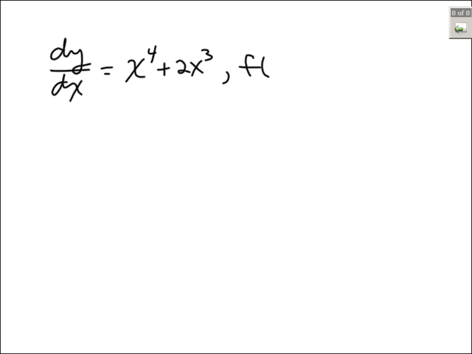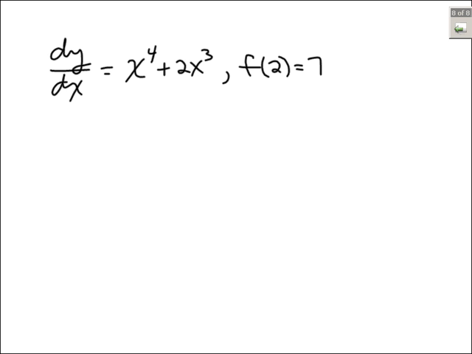Suppose they tell you a couple of things. They tell you dy/dx is equal to x to the 4th plus 2x cubed, and they tell you that y at 2 is equal to 7.